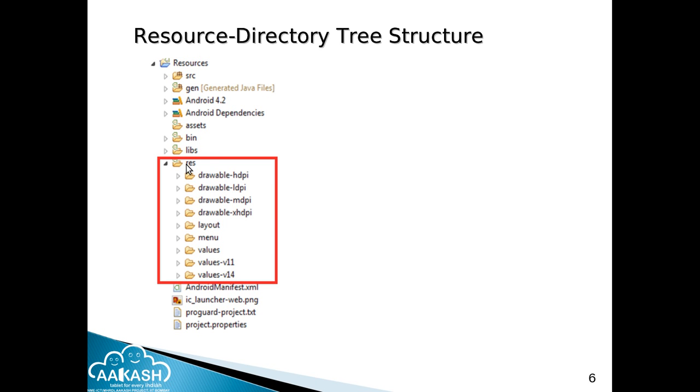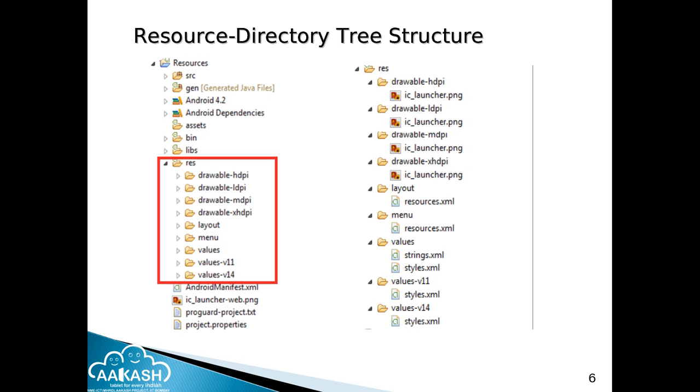Then all the resource subdirectories like drawable, layout, menu, values and others are present under this resource directory. Now these subdirectories contain their respective resources: drawable stores drawable resources, layout stores layout resources, menu stores menu resources, values store string, style, dimension, color resources and some other resources also.